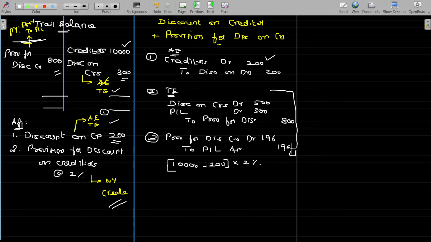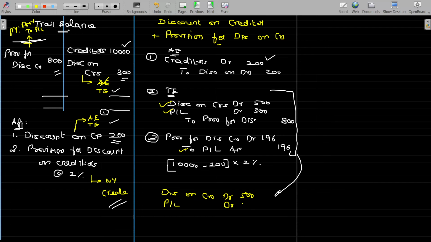Naturally, we can club these two entries. So if I club these two entries, what could be the journal entry here? Discount on creditors debit side, 500 rupees. Profit and loss account debit 300, credit 196, leads to 104 in the debit side.